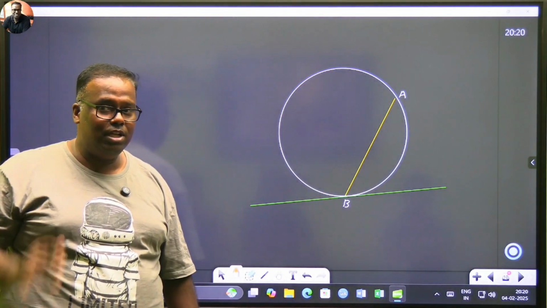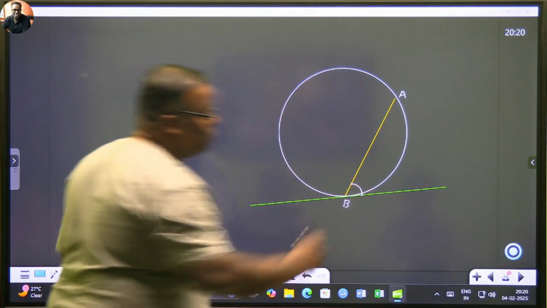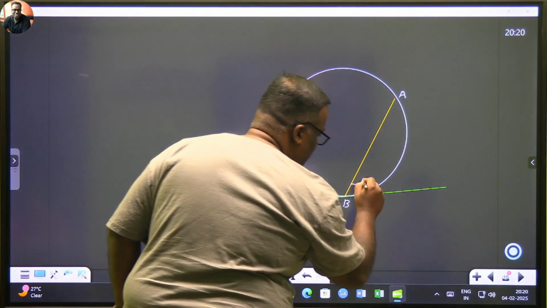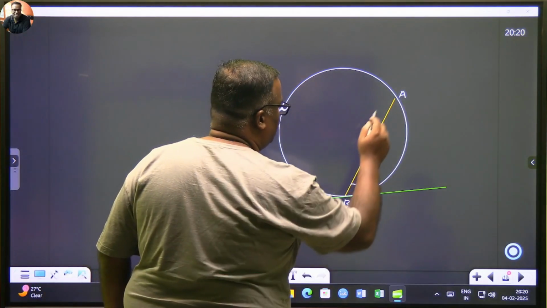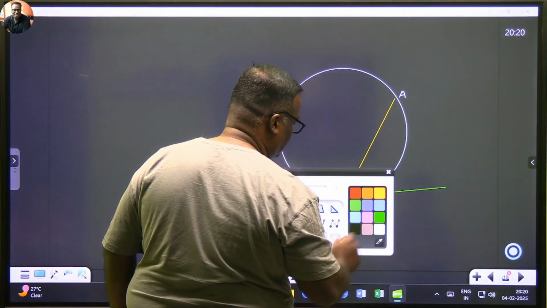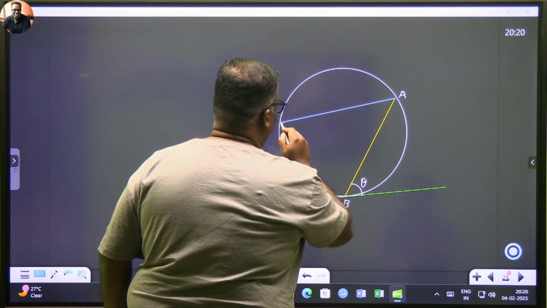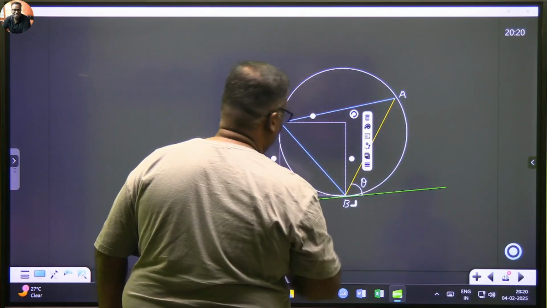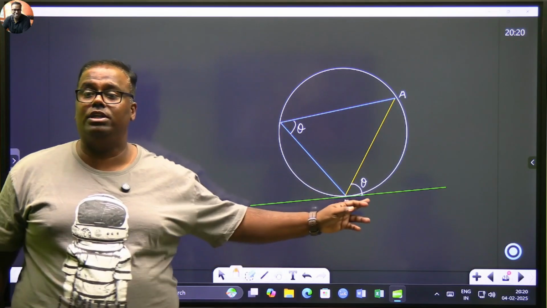Now understand very clearly. Angle made by a tangent with a chord is always equal to the angle made by the chord in the alternate segment. This is called the alternate segment theorem.